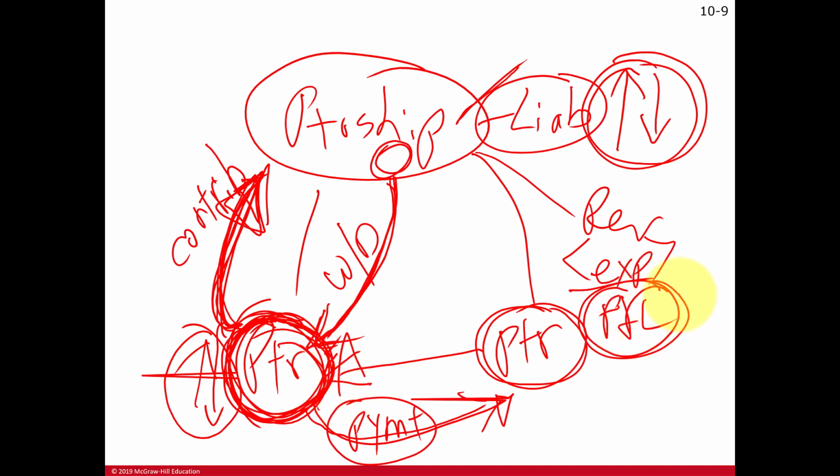If the partner is allocated losses, that'll decrease the partner's basis. Now keep in mind, allocating profit and loss doesn't mean you're paying the partner any money. All you're doing is increasing or decreasing the partner's interest because they're reporting the income or loss on their individual return. So don't confuse profit and loss with withdrawals.